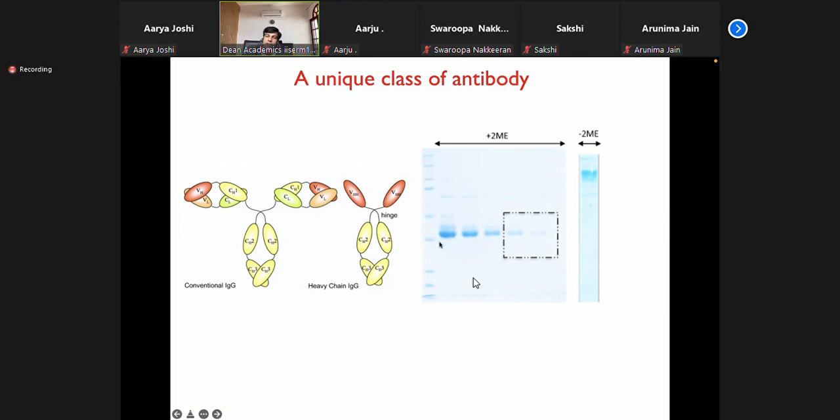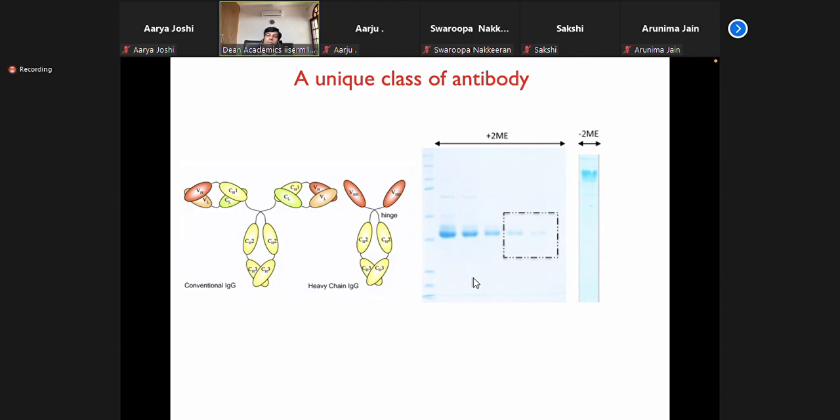Although I have not labeled it, this is close to 45 kilodalton. Now, if you do not reduce it, this becomes close to 100 kilodalton. Unlike conventional antibodies, where in reducing conditions you get heavy chain and light chain, and in non-reducing conditions you get a 150 kilodalton band.